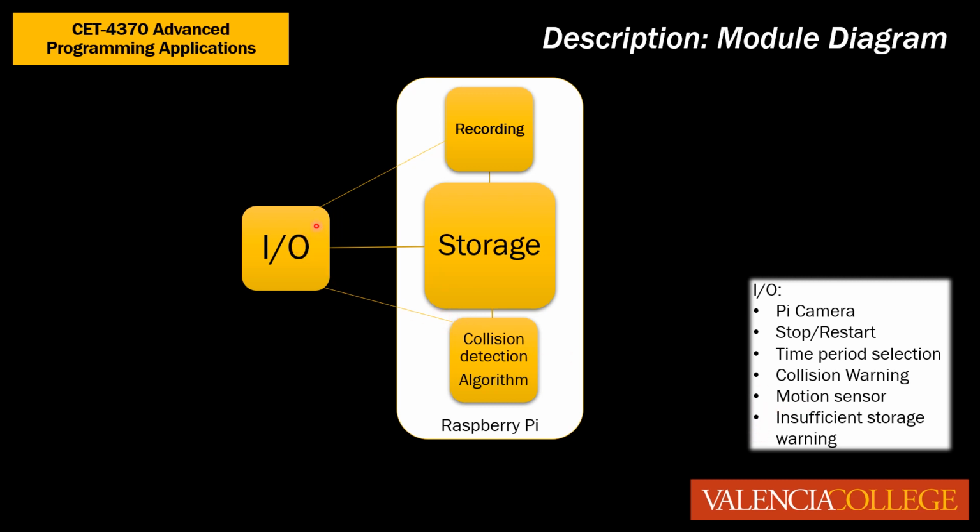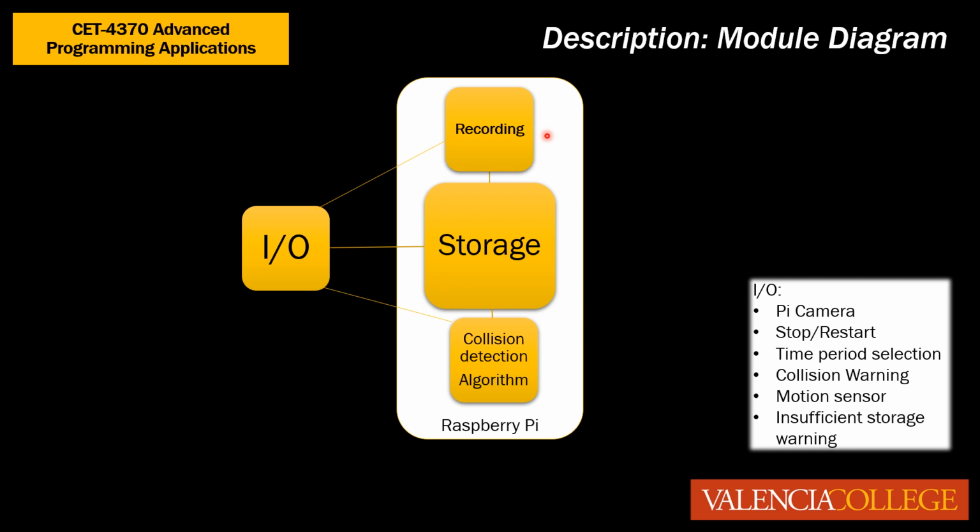So for example, we will have the motion sensor that will communicate with the collision detector algorithm, and we will tell the storage module to store the last 10 minutes of data or last 20 minutes of data permanently into the storage of the Raspberry Pi. And also if we have a button here that says stop the recording, we will send that to the recording module so that it can stop recording while still keeping the whole system operating.